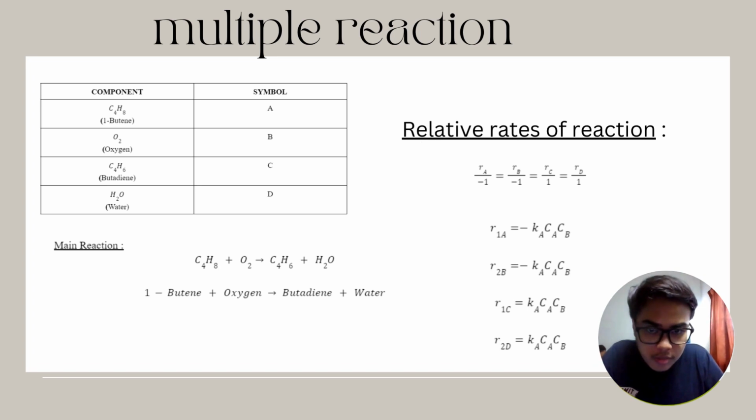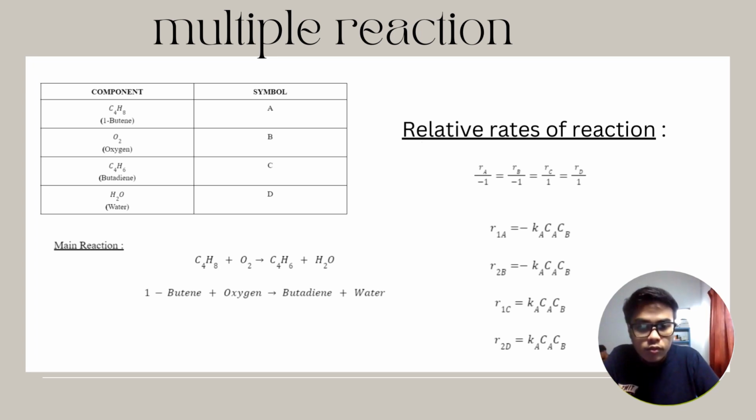Next, I am going to explain about multiple reactions. Here is our main reaction, and here are the relative rates of reaction. The relative rate of reaction is rA over -1 equal to rB over -1 equal to rC over 1 and rD over 1.